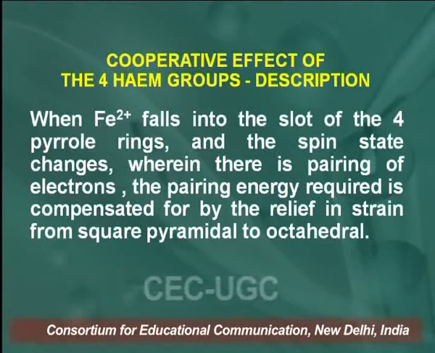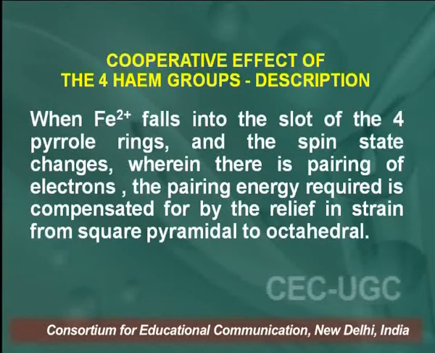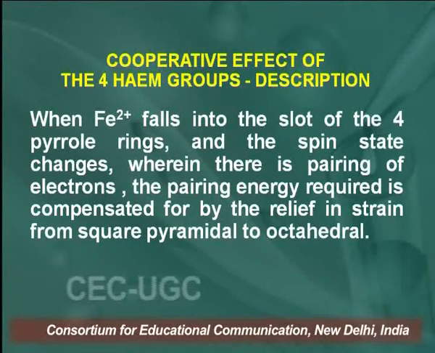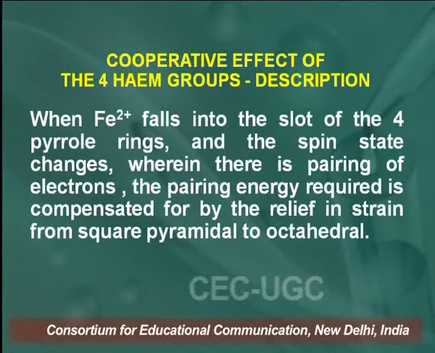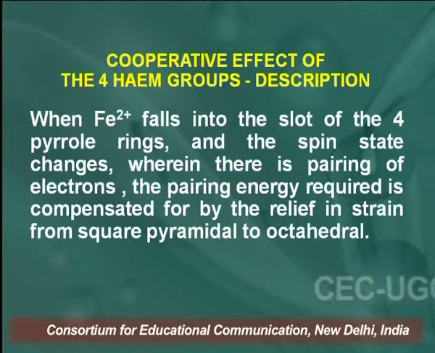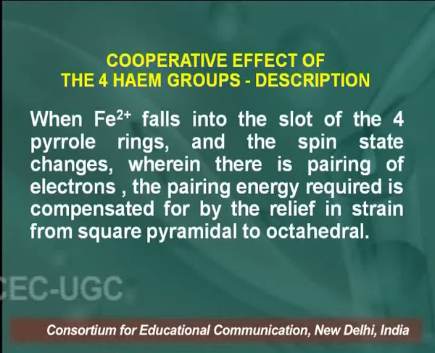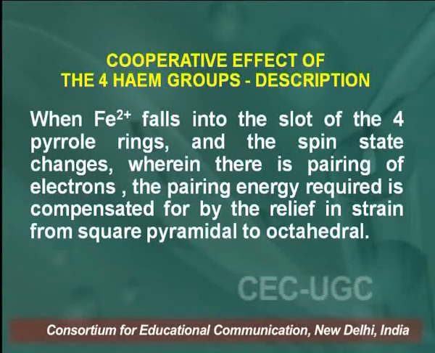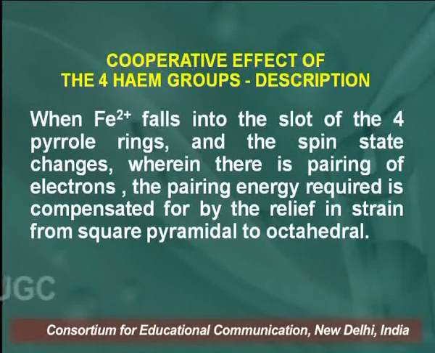When the ferrous ion falls into the slot of the four pyrrole rings as a result of the shrinkage of size, since the spin state changes from high spin to low spin, there is pairing of electrons, and the pairing energy required is compensated for by the relief in strain from square pyramidal to octahedral.